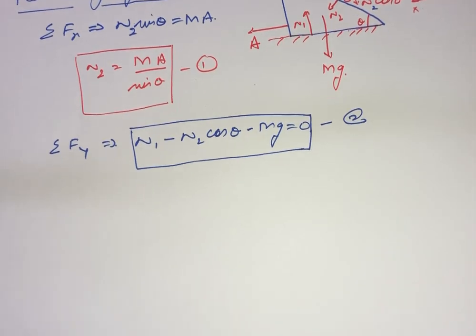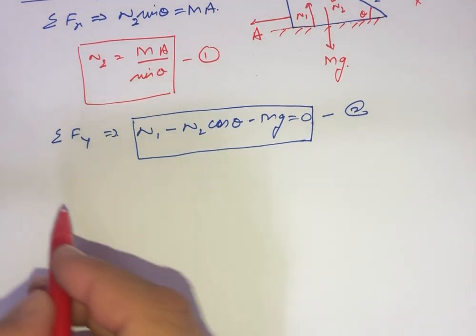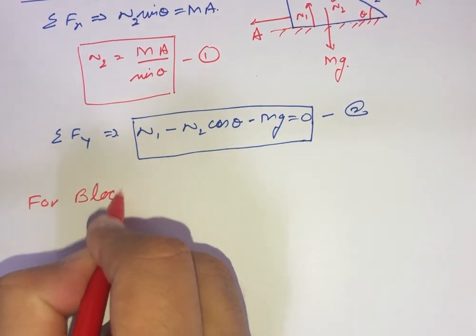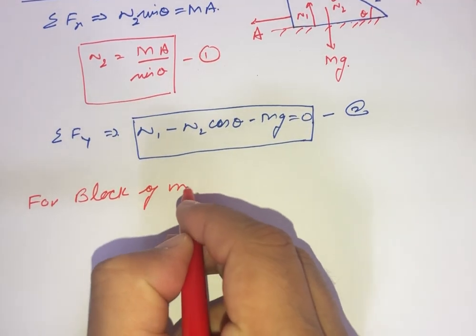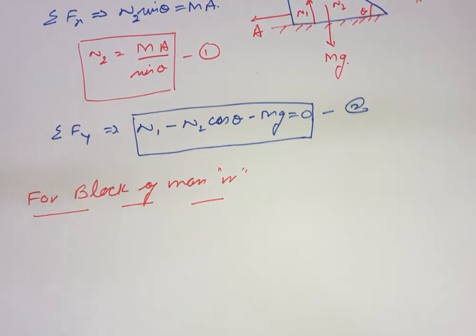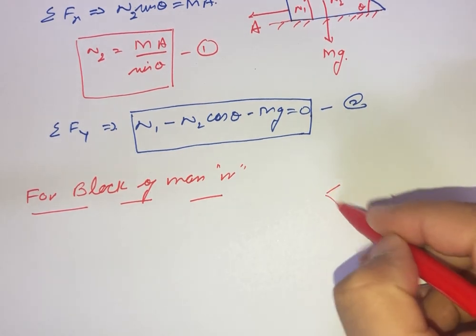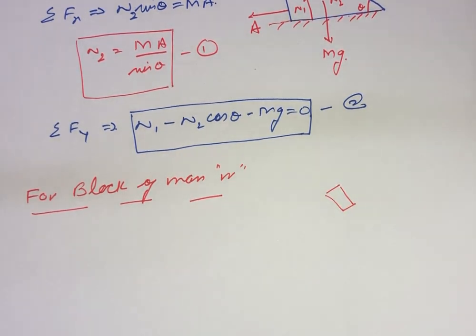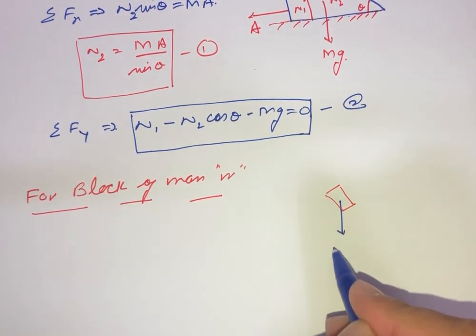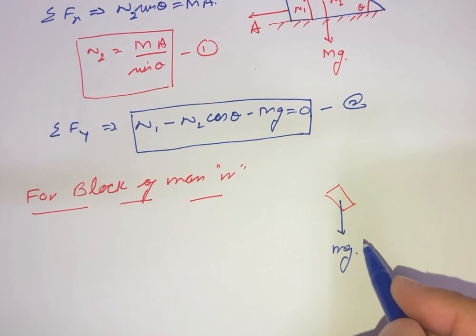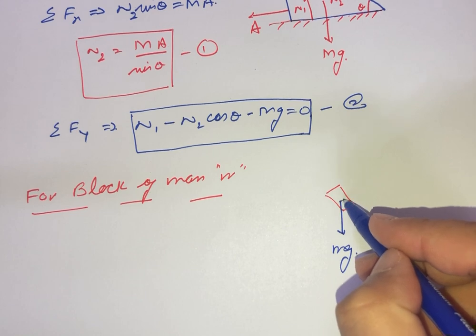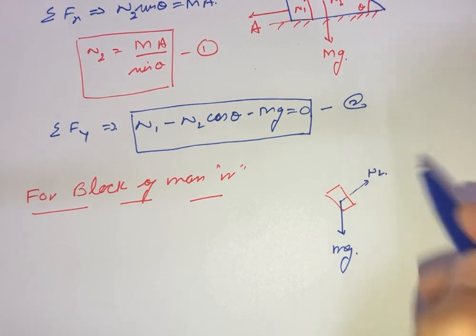Next we draw the free body diagram for the small mass, the block of mass small m. So this is the small block, and it is going to have mg in the downward direction, and because of the capital block we have N2 in this direction.